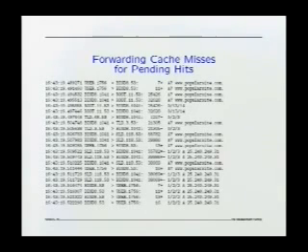BIND 9 is the only software that's smart enough to realize that it's expecting a reply for this name any second now, and it postpones later queries until that reply comes back.